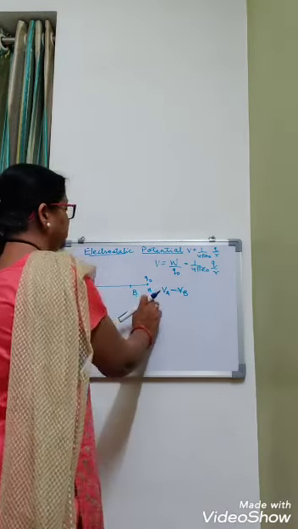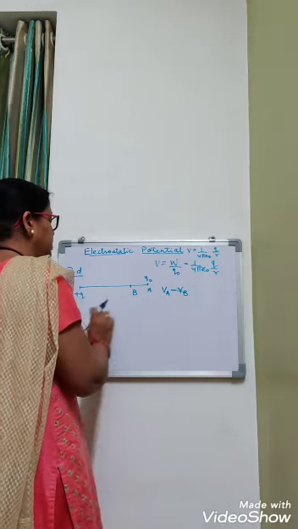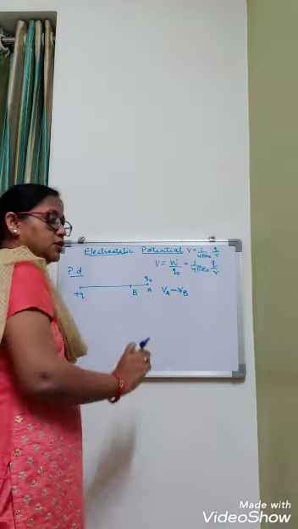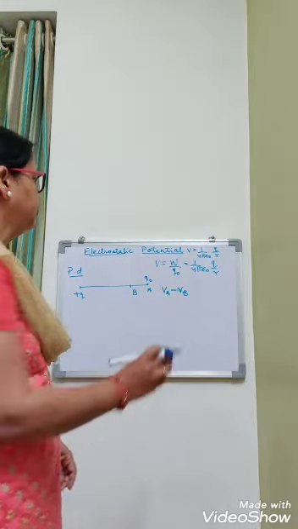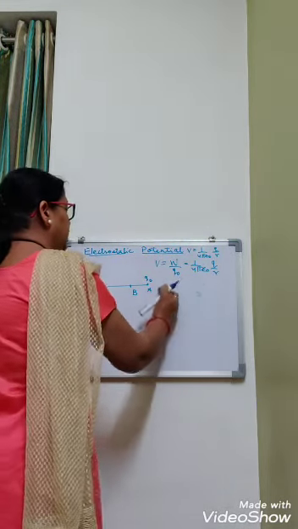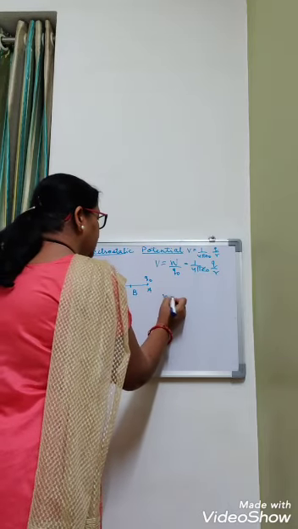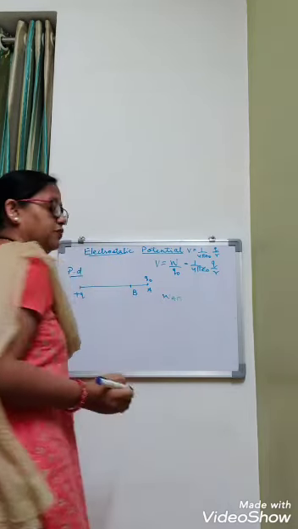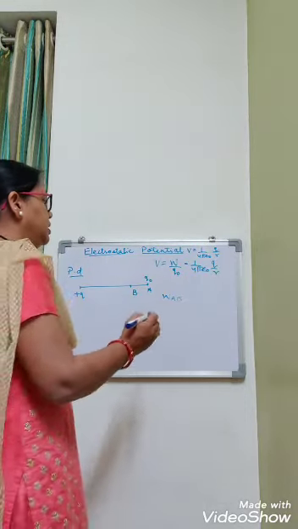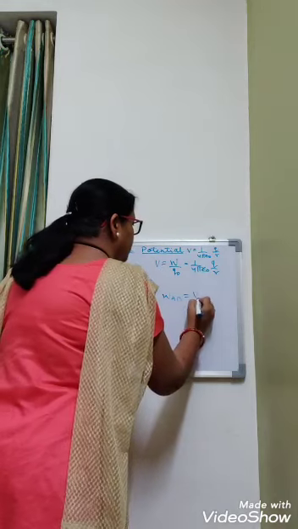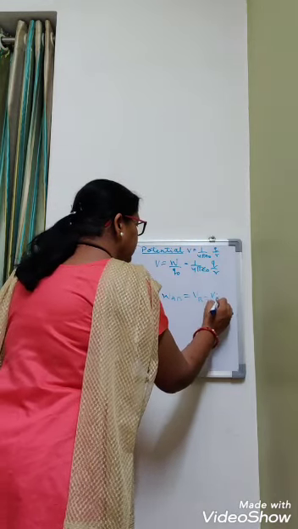Now here you can see that VA is away from the plus Q charge and VB is closer to the plus Q charge. So in that case, if we are moving the charge from A to B, then we find out the work done WAB. We find out the work done WAB is equal to VB minus VA.